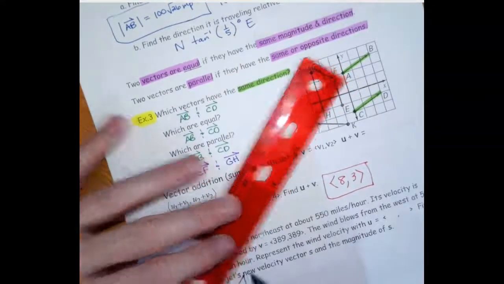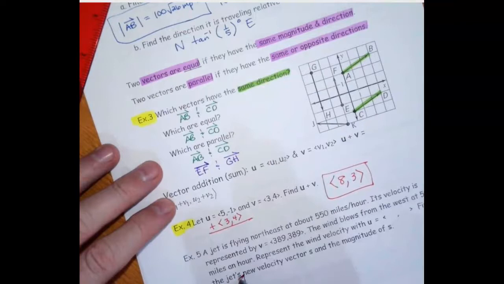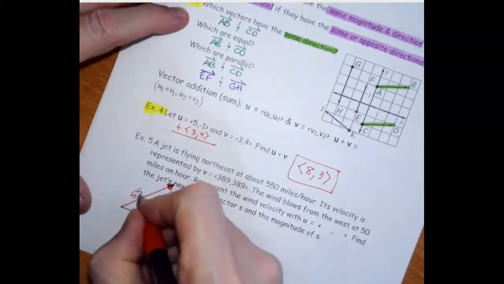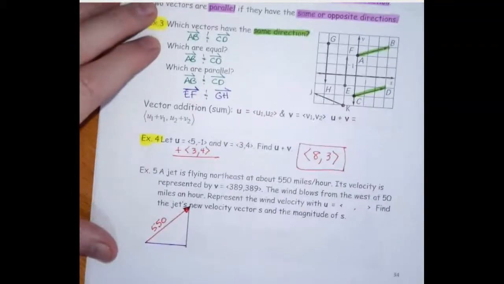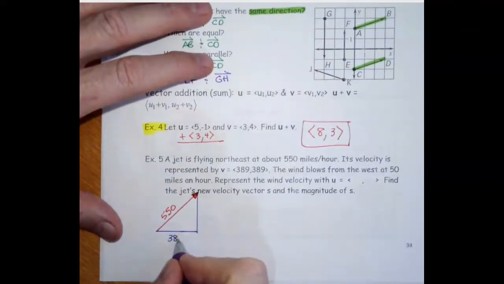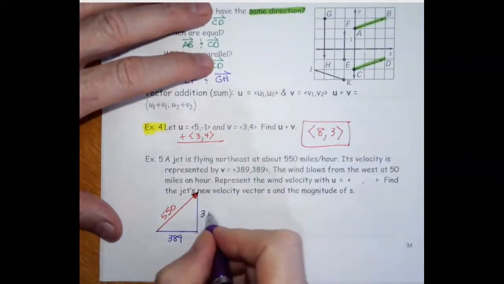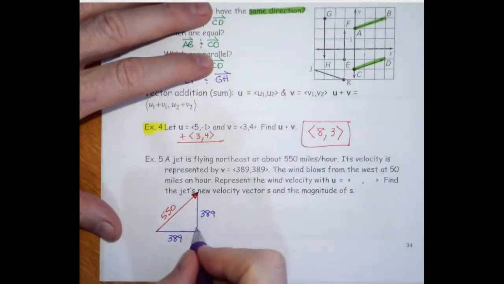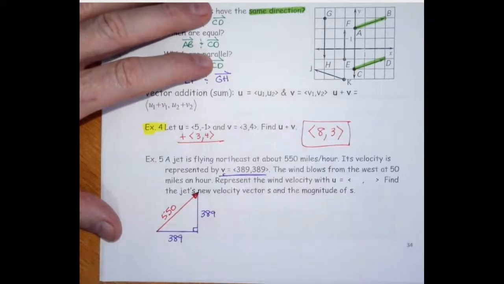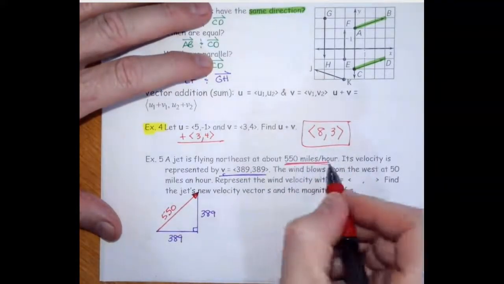Here's the vector. So northeast means it's going that way, and it's flying 550 miles per hour. Now, this is 389 approximately, and this is 389. The component form of the vector, that's this right here. And the 550 miles an hour, that's right here.